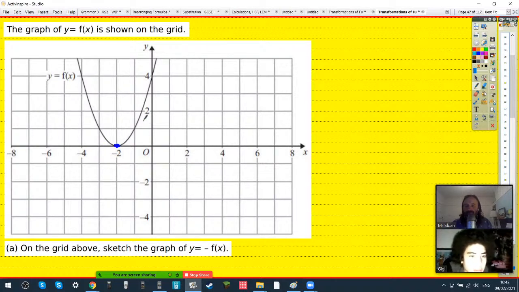Minus 3, 1 would become minus 3, minus 1. And let's say these points up here. All right, 4, 0 stays, 0, 4 would become 0, minus 4. Yeah. And minus 4, 4 would become minus 4, minus 4. That's great. Okay. It's a quadratic.